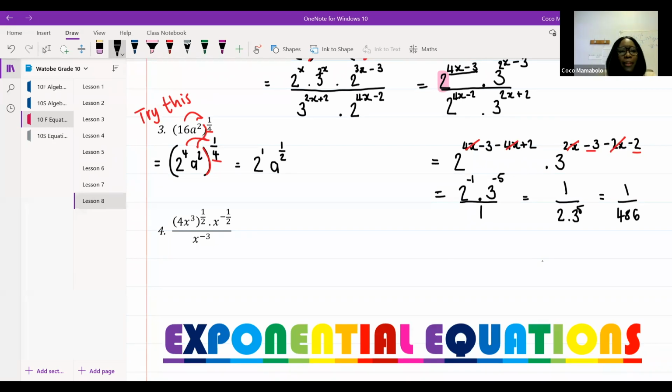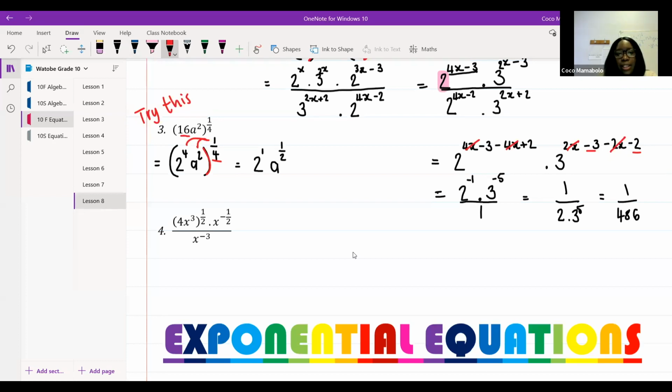Nomaza, what's up? So, ma'am, for question 3, what you did is you simplified it, I'm guessing, and then multiplied the fraction into the power of 4 and the power of 2. Yes, right.